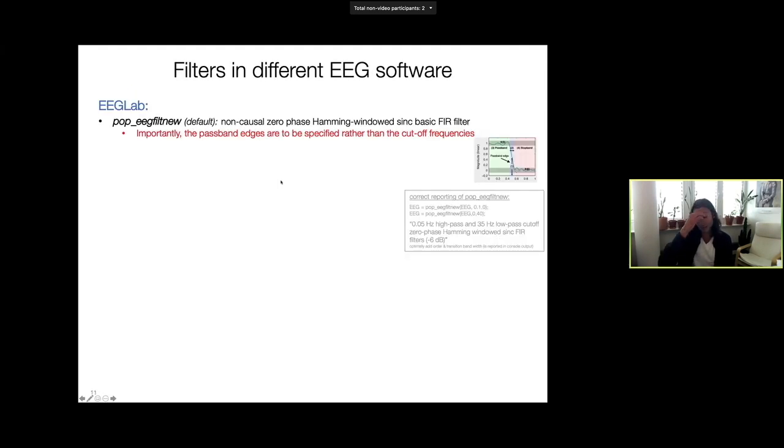So let's take a look at the different filters in the different EEG software. In particular, let's look at the default filter in EEGLAB, which is a non-causal, zero-phase Hamming window sinc basic FIR filter. What's important, and you have to consider, is that if you use this default EEGLAB function, you provide the function with the passband edge and not the cutoff frequency.